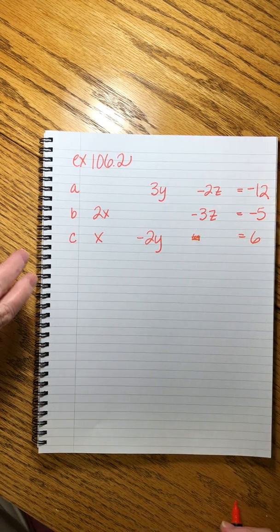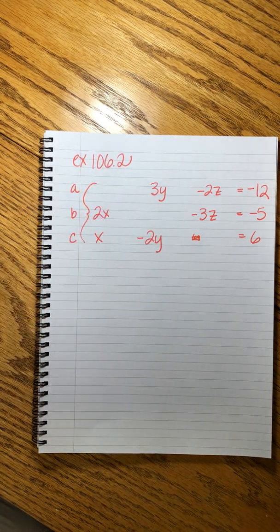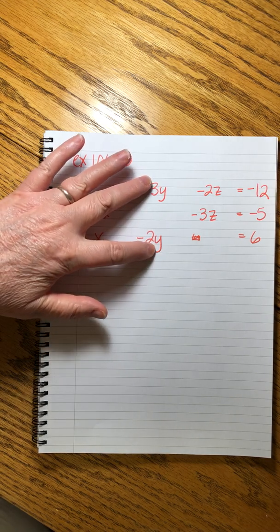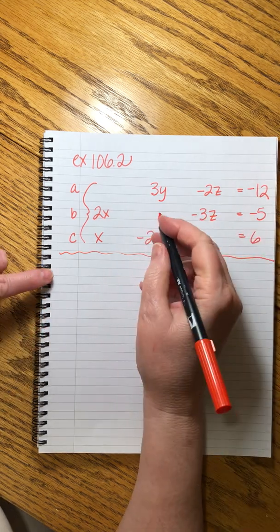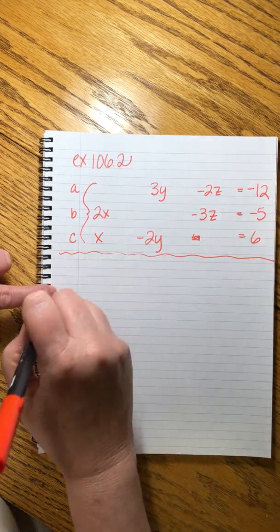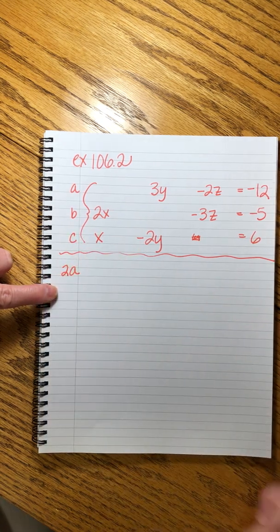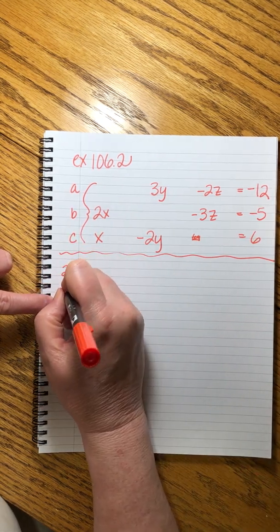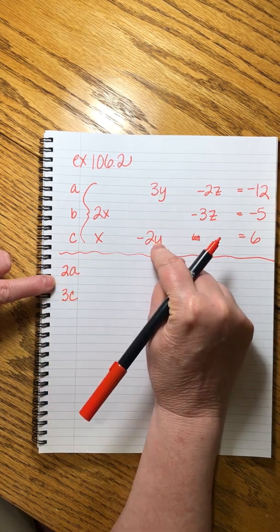Okay, I'm going to start by, I think I'll offset these against each other. So here's my starting. And now what I'm going to do is multiply a times 2, and multiply 3 times c, and that will get me 6y and negative 6y.